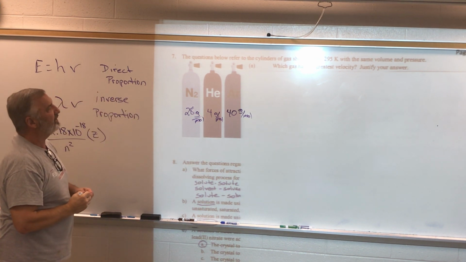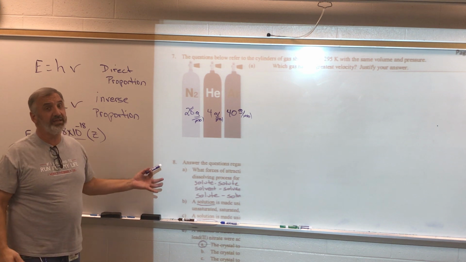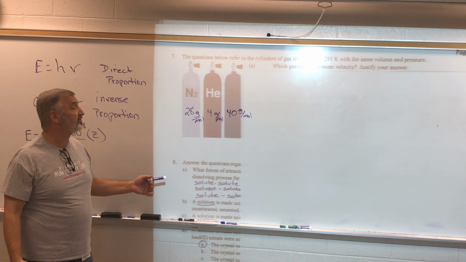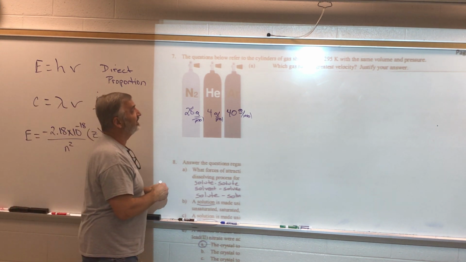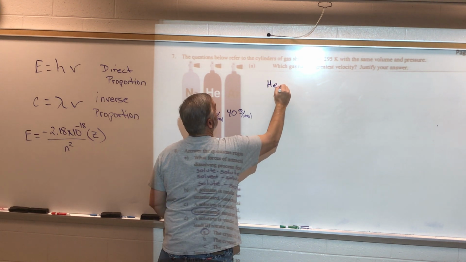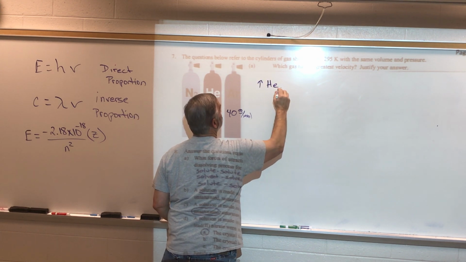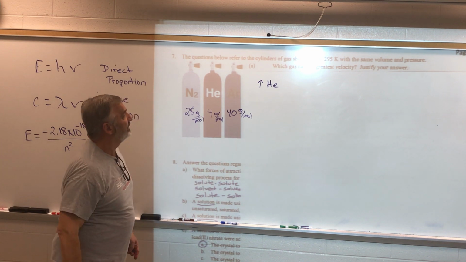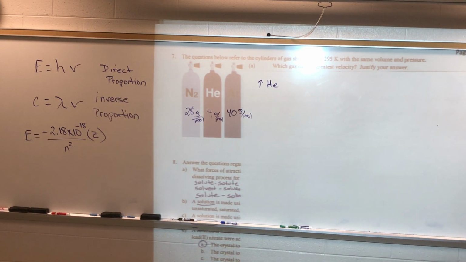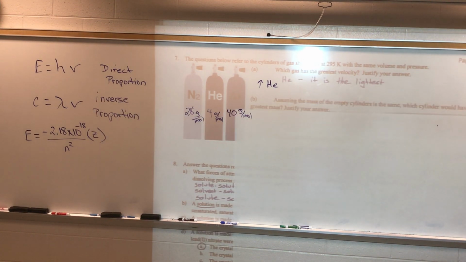Okay? So which gas has the greatest velocity? Well, again, you have a big mass, you ain't going fast. So the smallest, lightest is going to be going the fastest. So helium has the greatest velocity. It's the smallest one. That's your justification.